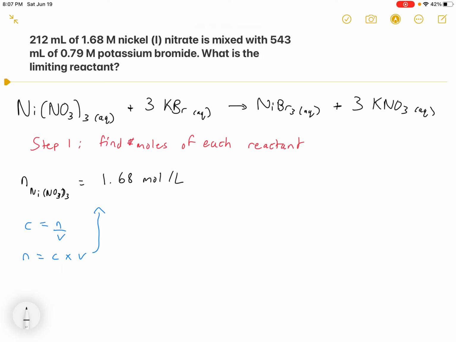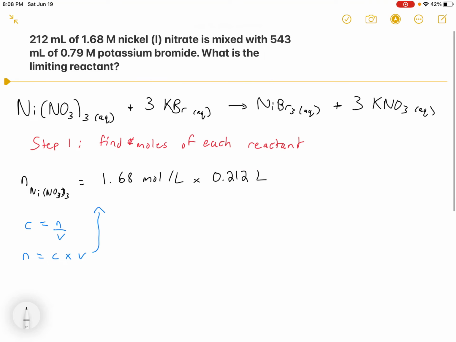Again, we've seen in a previous example why I did that. Moles per liter and M are the same unit. Times 0.212 liters. And then if we multiply that on our calculators, we are going to get 0.35616 moles of nickel(I) nitrate.